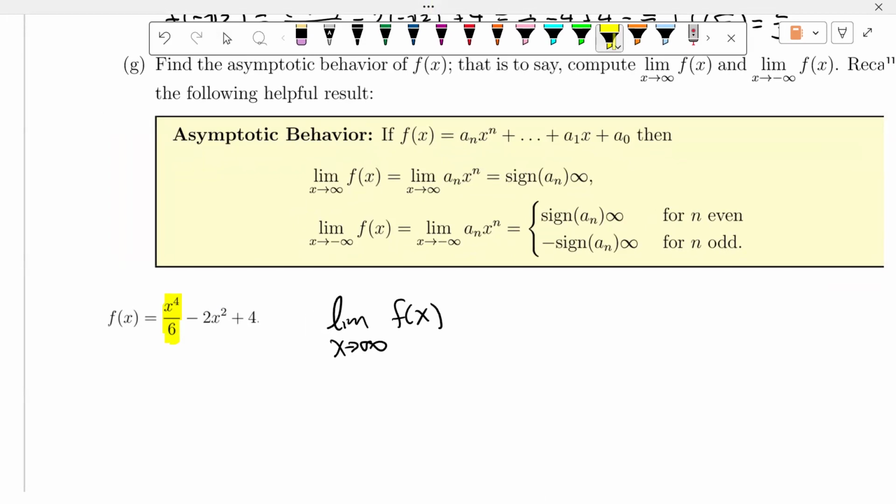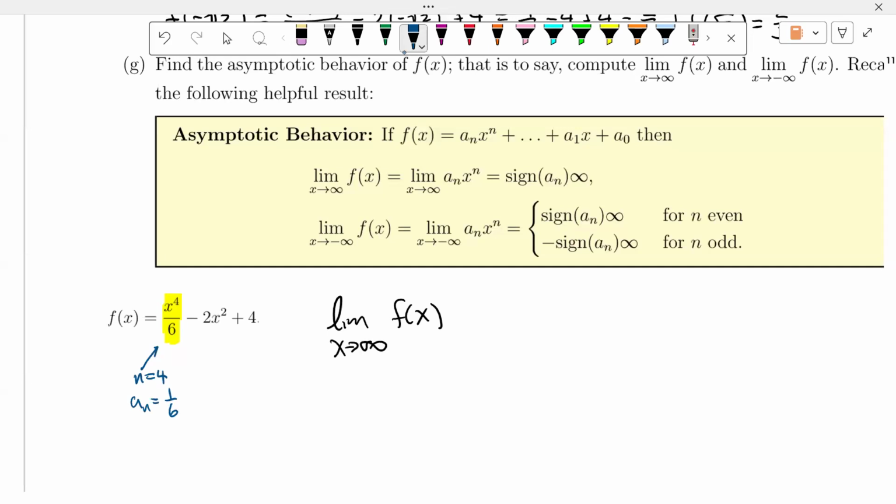And so what we need to do is figure out what our n is and what our a sub n is. What is this power of x here and what is its coefficient? So anyone think they see what it is? What is our n? 4 is correct. And what is the a sub n? 1/6 is correct.